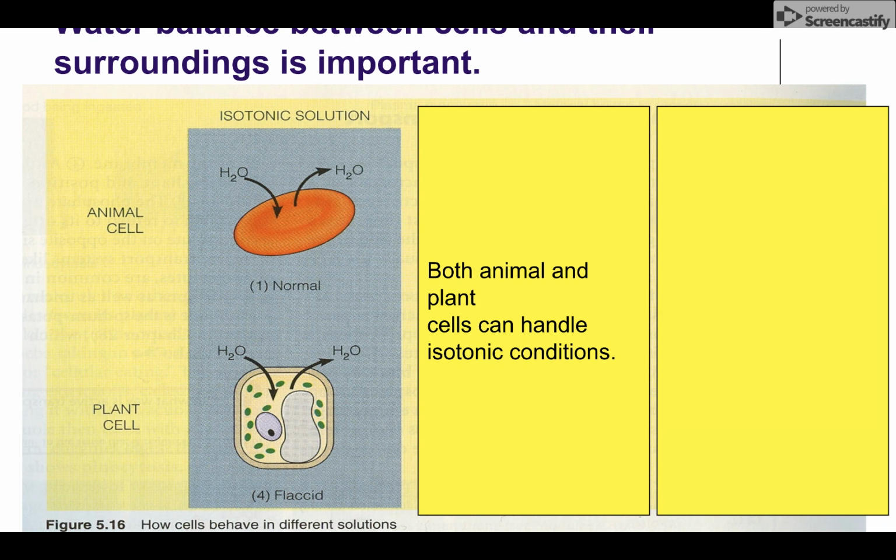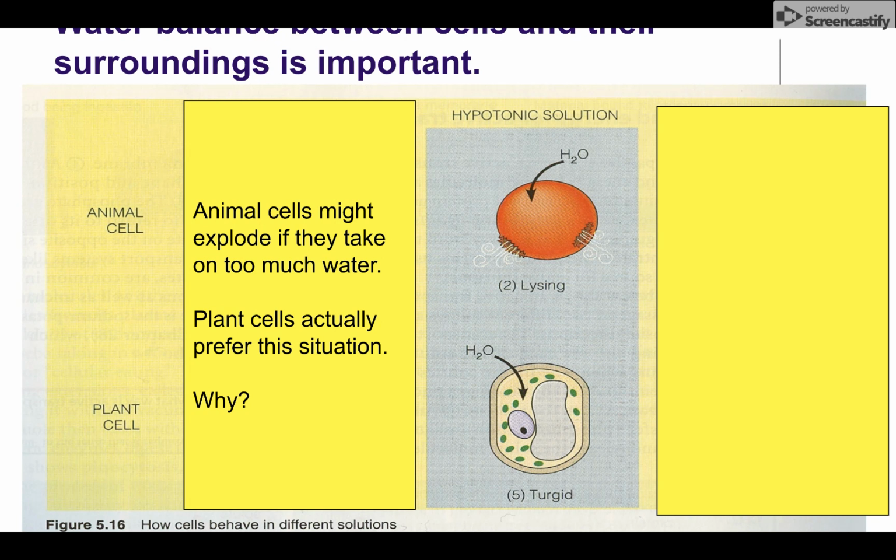And because of this concept of equilibrium, we looked into how this could cause a cell to rupture or to burst. If I place a cell in an environment that has so much more water than inside of the cell, the tendency is that if the cell is an animal cell, too much water is going to go into the cell, and that could cause the cell to rupture or to burst, like you see in this figure.